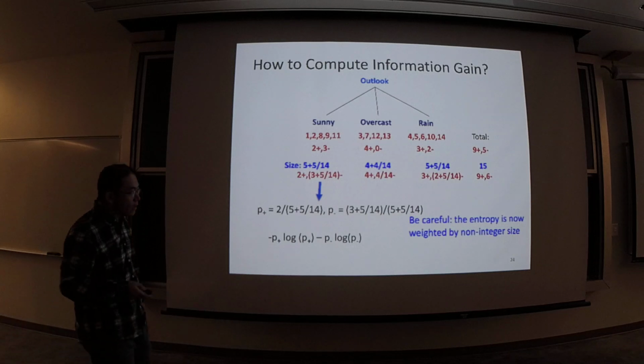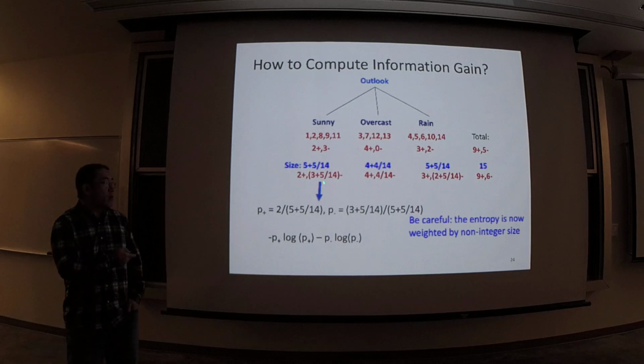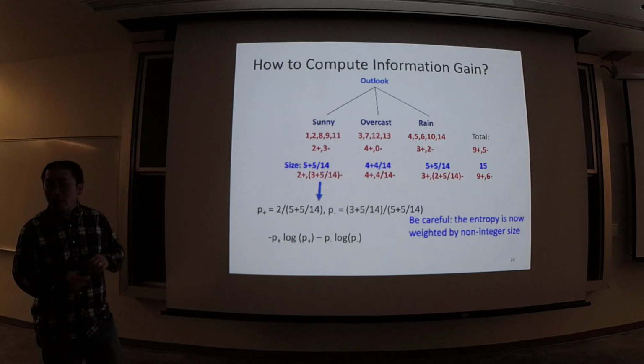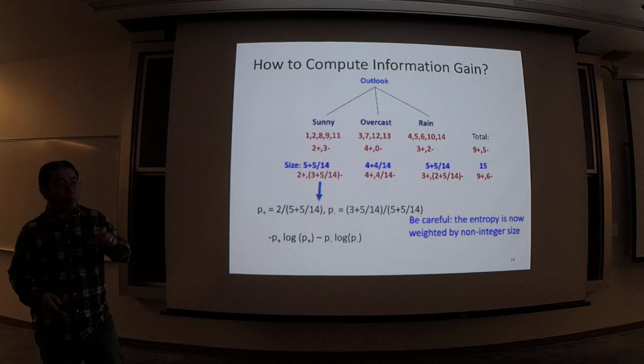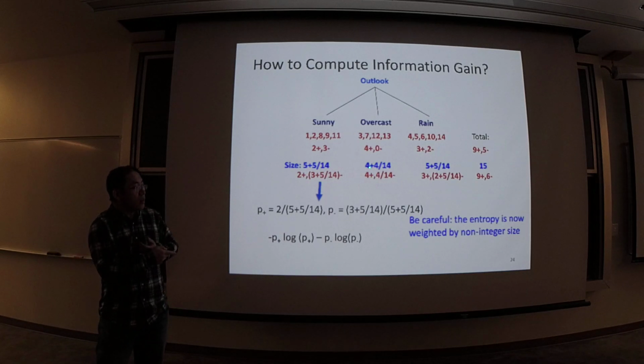Also, one thing you should be careful about is that once you compute the entropy for each subset, you need to compute the expectation of entropy over all the subsets. According to our definition, we need to weight each entropy according to the size of each subset. Remember, the size of each subset now is not an integer, it is some continuous value, so you should take that into account as well.